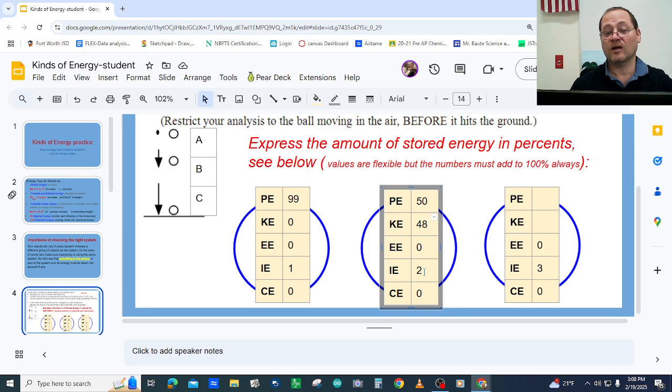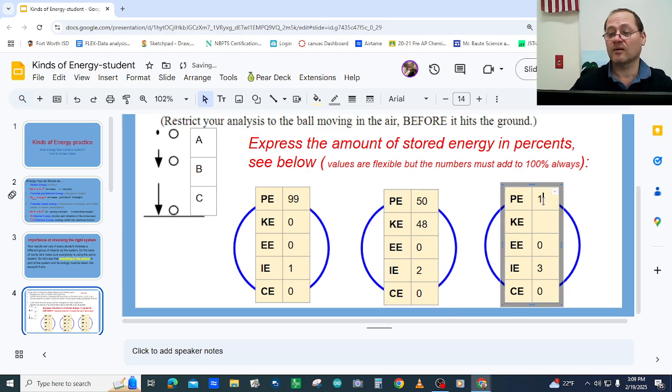All right, so when you analyze what's going on at point C, you see that the arrow for velocity is a longer arrow, and that the ball is barely at the ground, or almost at the ground, but it's not touching the ground yet. So it's still moving. So it has lots of kinetic energy, almost no potential energy. So I will assign 1% to the potential energy, and that gives me the result I'm looking for.